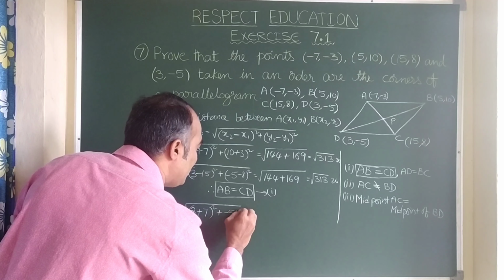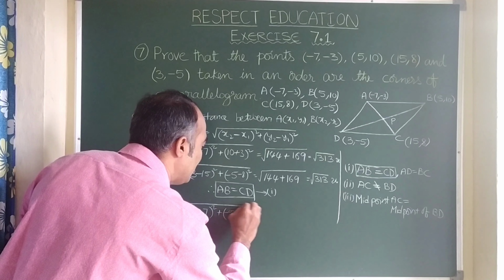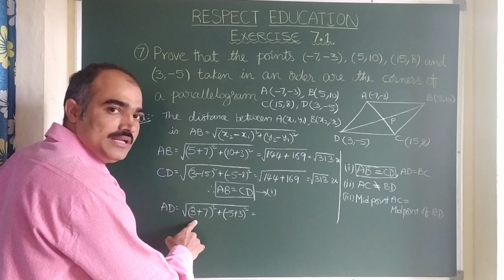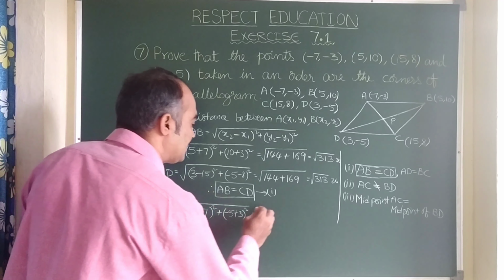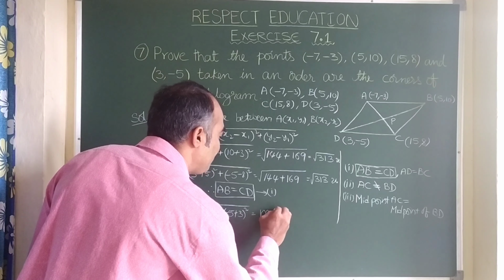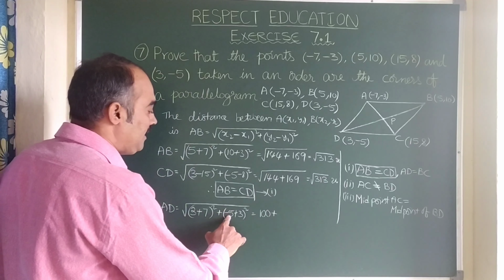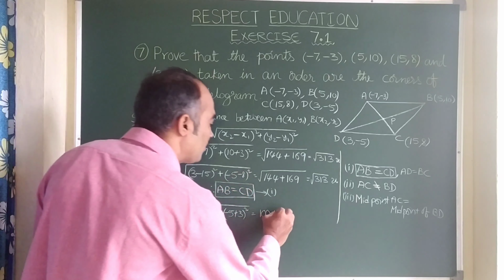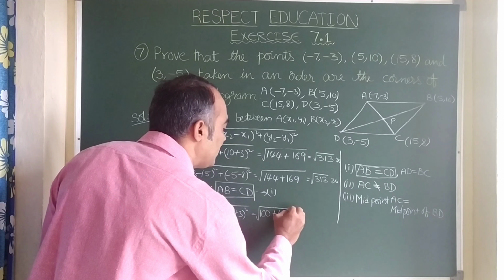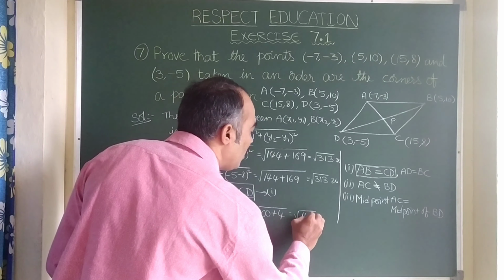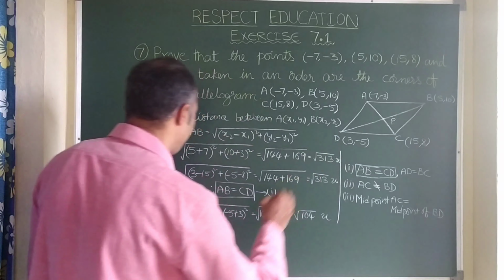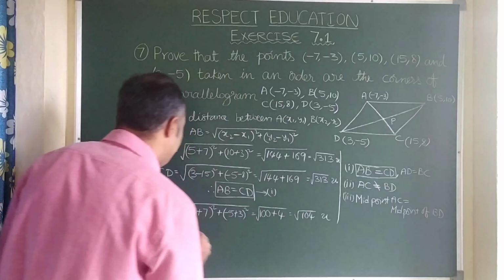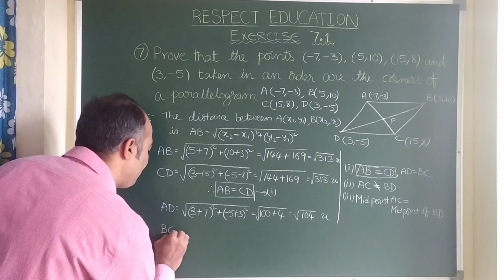On simplification, 7 plus 3 is 10, so it is 10 square. 10 square is 100, plus minus 5 plus 3 is minus 2. Minus 2 whole square is plus 4. So 100 plus 4 is under root 104 units. This is AD.